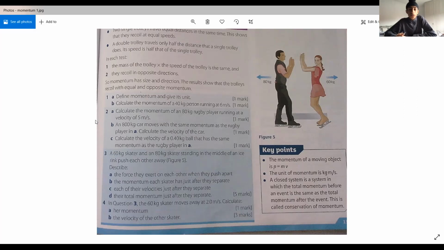Then it says the momentum each skater has just after they separate. Now remember, momentum is a vector, so it has direction. How can you describe the momentum that each skater will have?